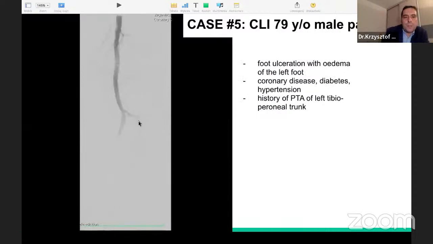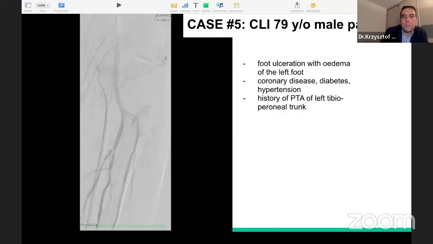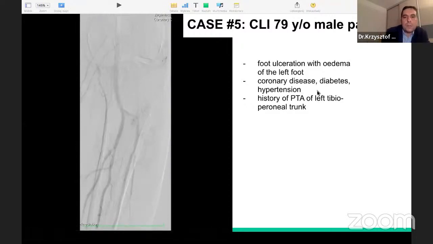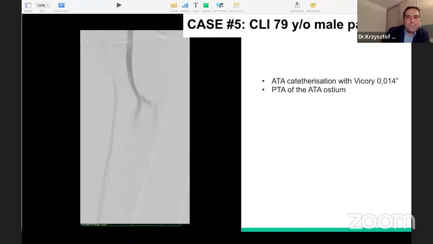This is the case of a patient also with tissue necrosis. I mean, foot ulceration with edema of the left foot. Of course, typical concomitant diseases, and also a history of left tibioperoneal trunk PTA a few years earlier.